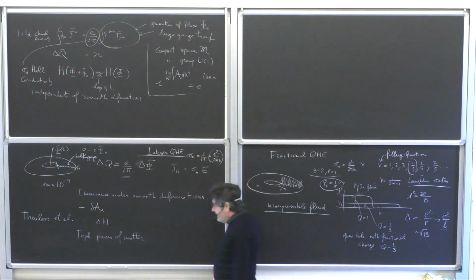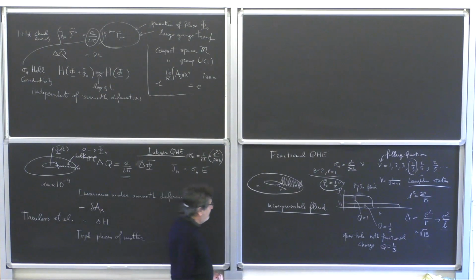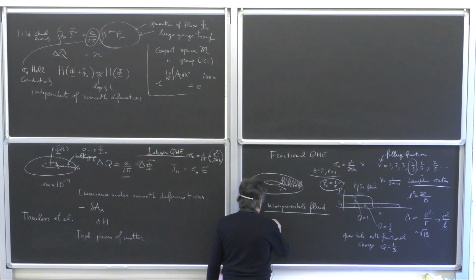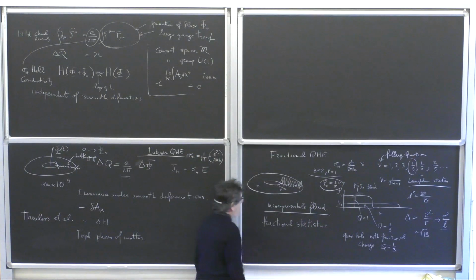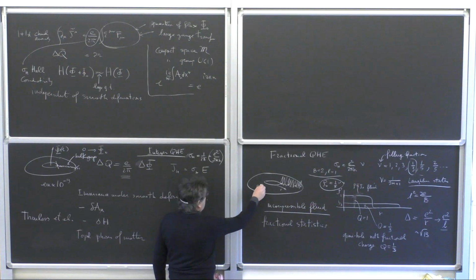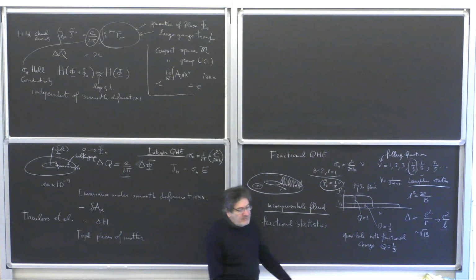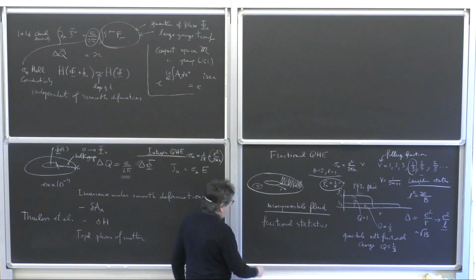That's the first idea. And then there is a second idea, that it has fractional statistics. Meaning that if you take two such quasi-holes and you bring one around the other, they are neither boson nor fermion, but they acquire a phase which is one-third of the statistical phase.